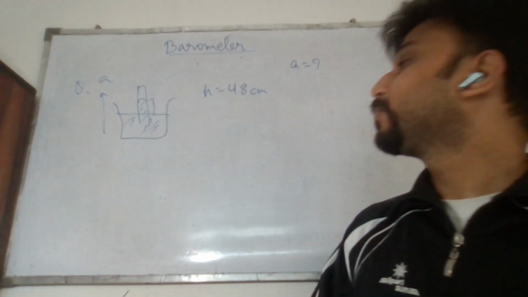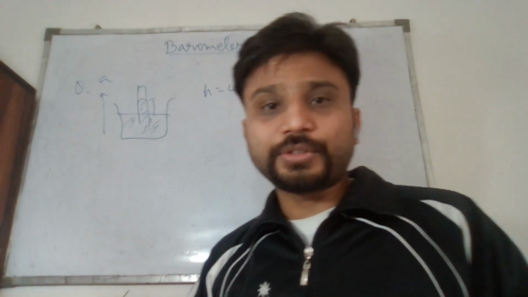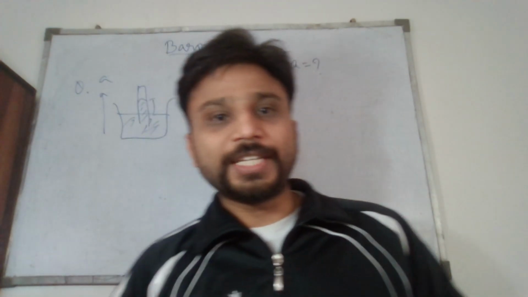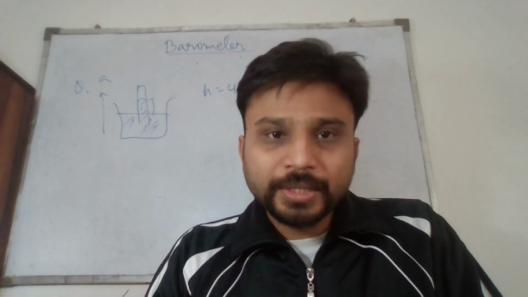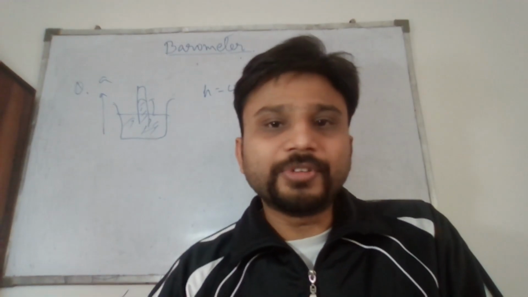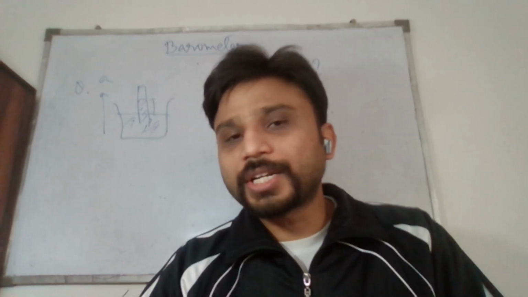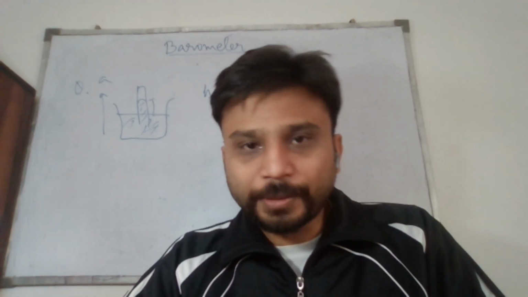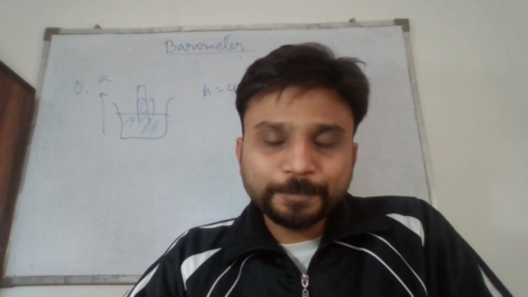So if we know what our equation of atmospheric pressure is, it is P naught plus rho gh. Even if I'm accelerating the whole setup upwards, it is not going to change the atmospheric pressure, because we are in the elevator. Its pressure does not change because it is simply accelerating.